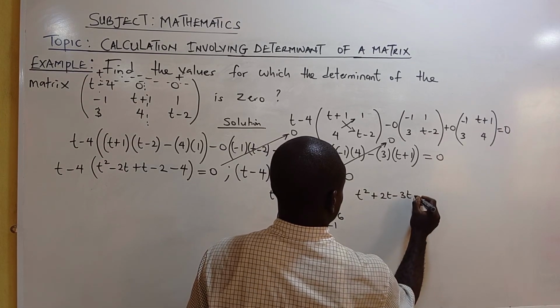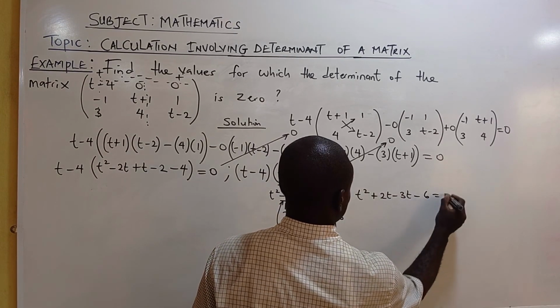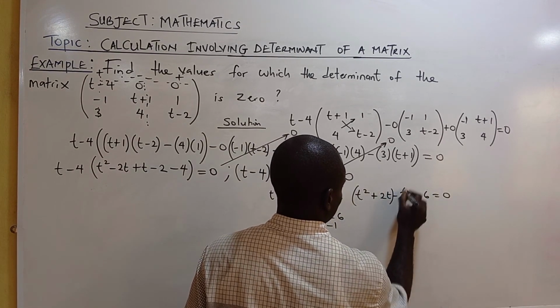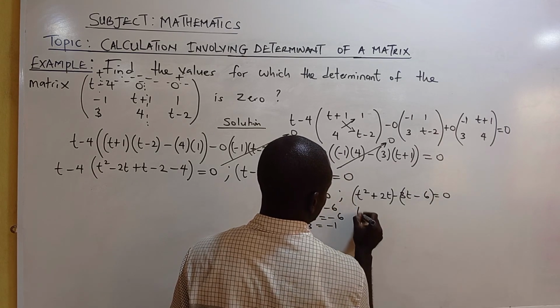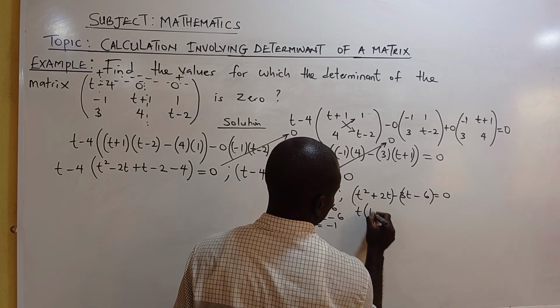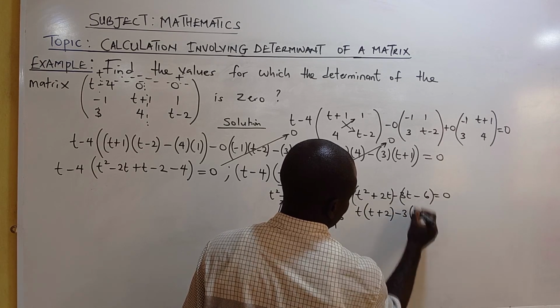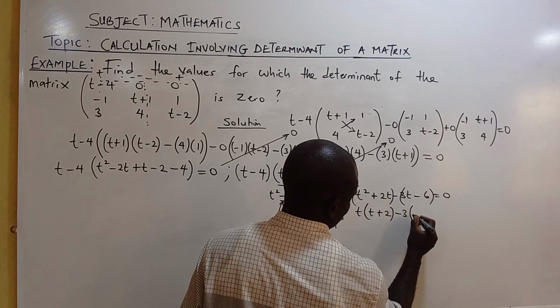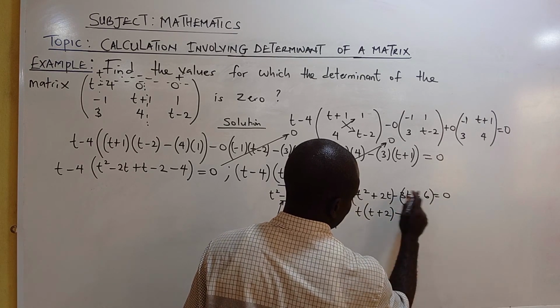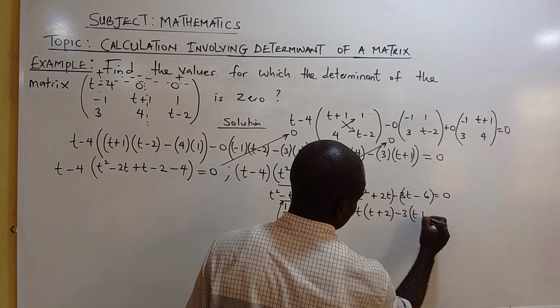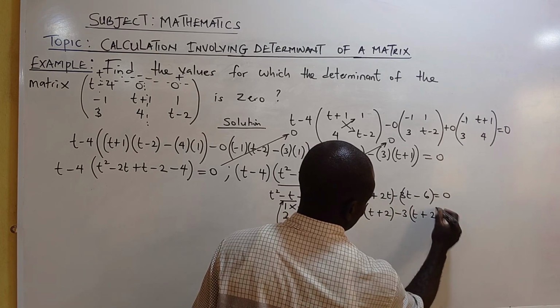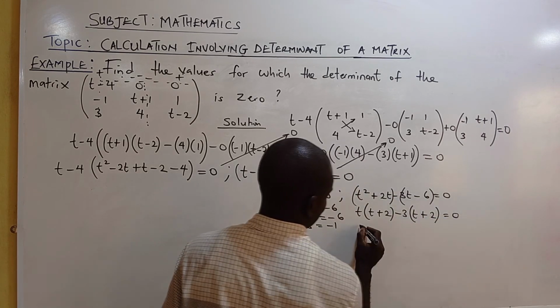Now, minus 3t minus 6 equals 0. You are factorizing it. What's common? t is common in the first two terms, so t plus 2. Minus 3 is common in the last two: minus times minus, negative and negative is positive, 3 goes in 6, 2 equals 0.